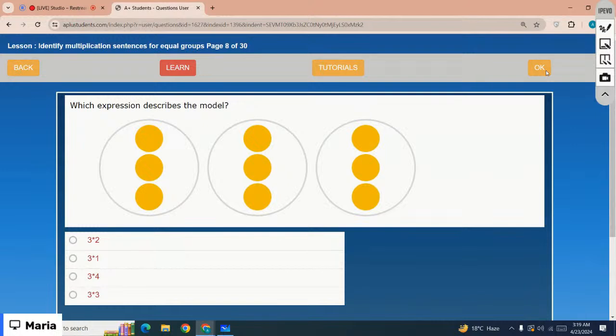Which is the correct option? That is 3 times 3, right?